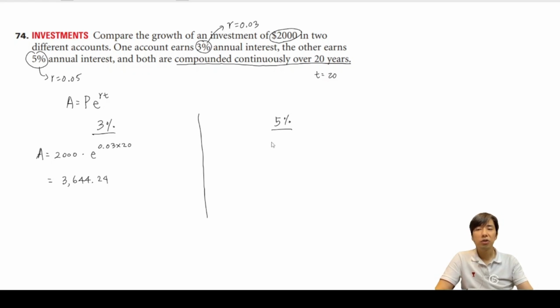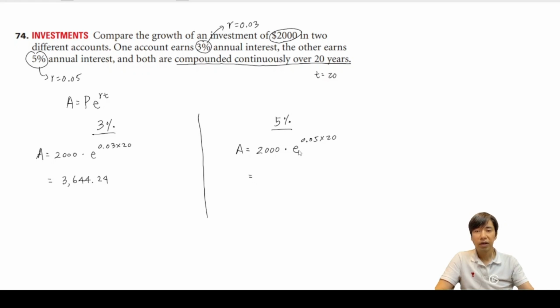The account balance after 20 years for the account earning 5% interest is 2,000 times e to the power of 0.05 times 20.